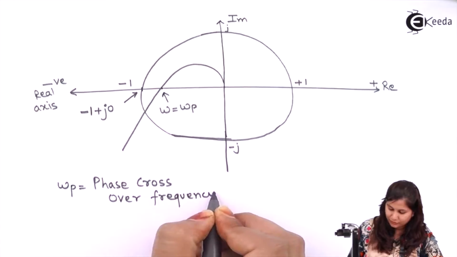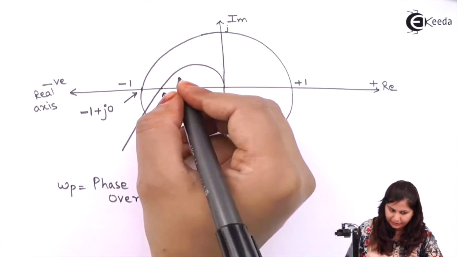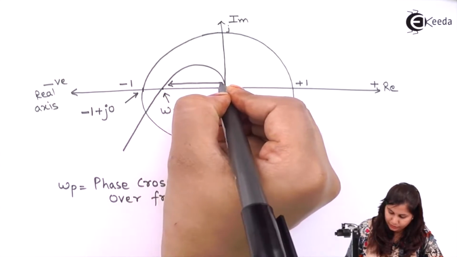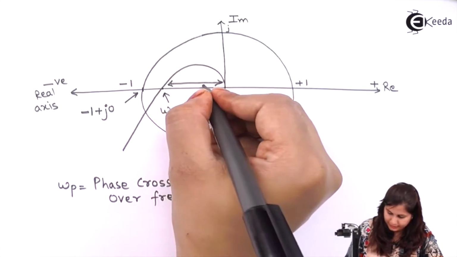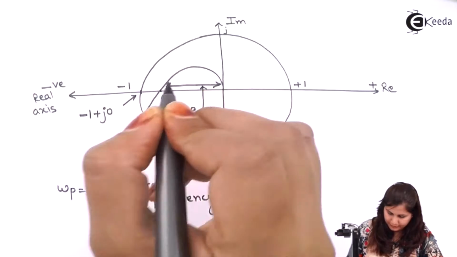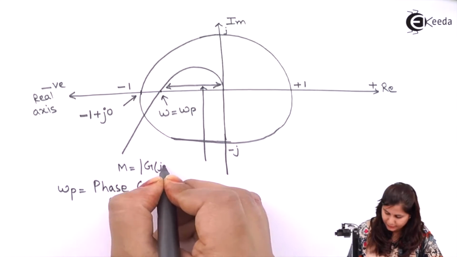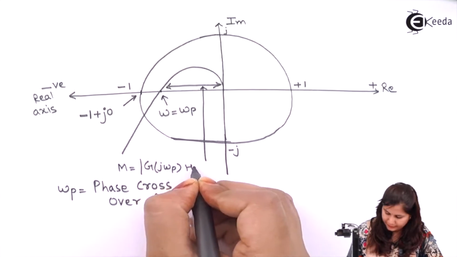At the phase crossover frequency, whatever the magnitude is, it is given by M, the magnitude at the phase crossover frequency.